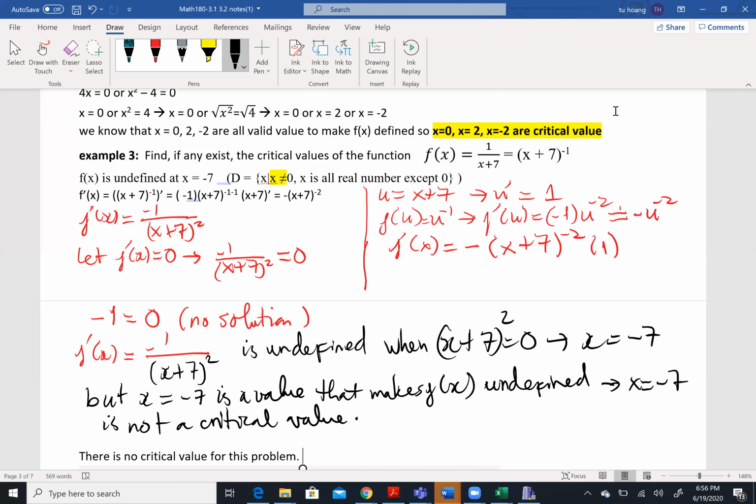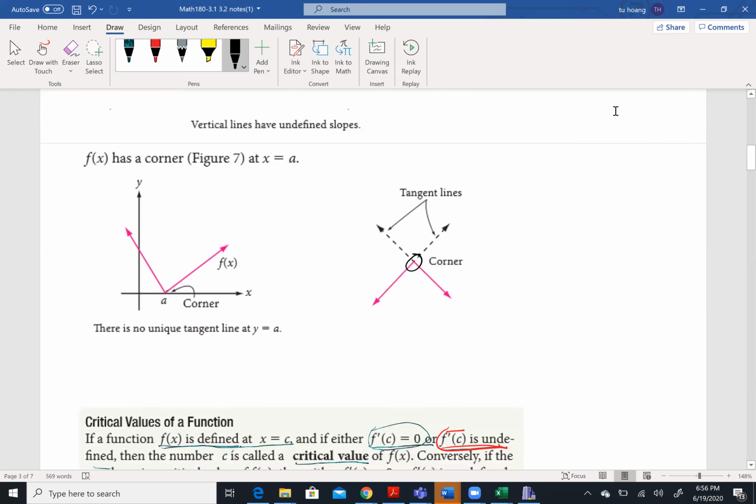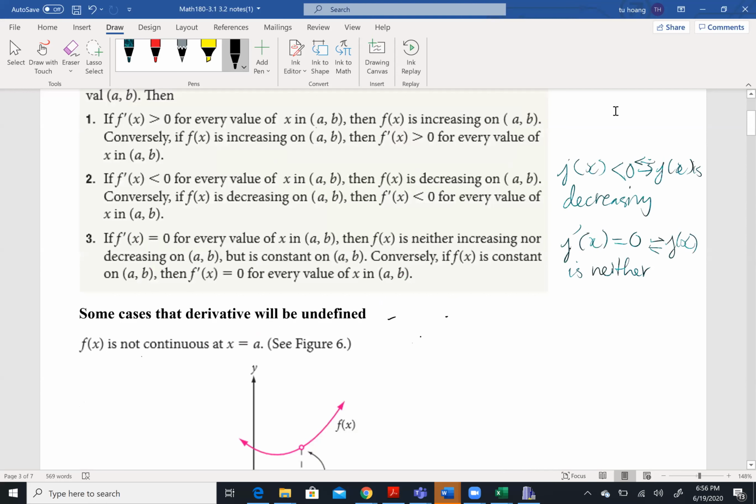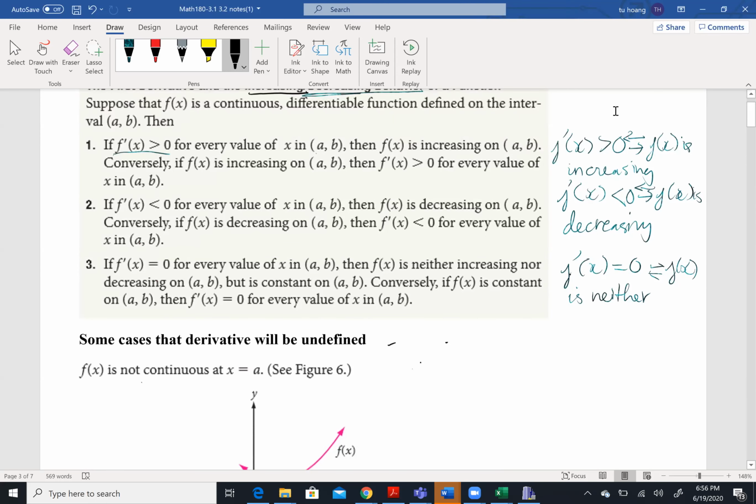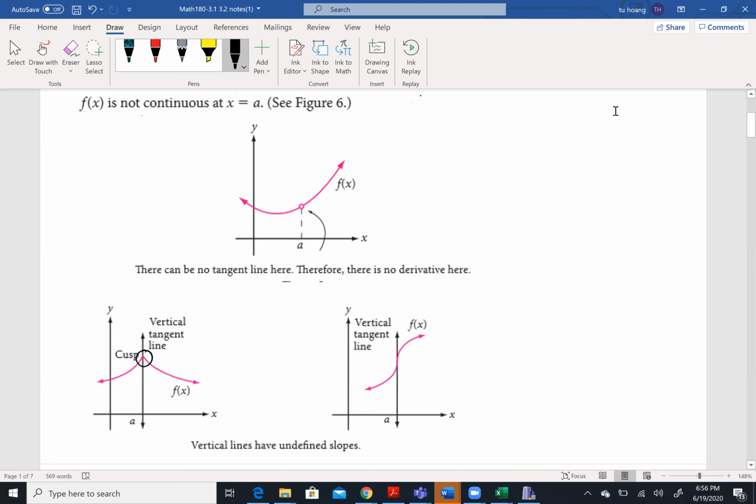Okay, so now let's move down here. By the way, I did talk about if f derivative of x is greater than 0, then f of x is increasing, and if f derivative of x is less than 0, then f of x is decreasing. Okay, so let's see. Down here I have some other problem.